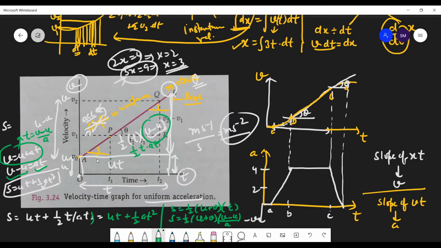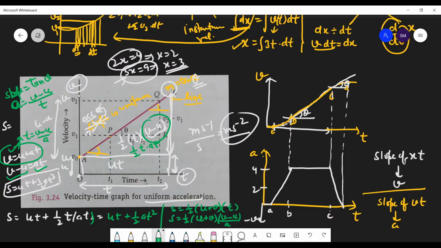And sir, how have you got this equation? That's so simple. That is the slope. Slope is equal to tan theta. So what is the slope of this graph telling you? Velocity. What is tan theta? Perpendicular upon base. What is perpendicular? v minus u. What is base? t.